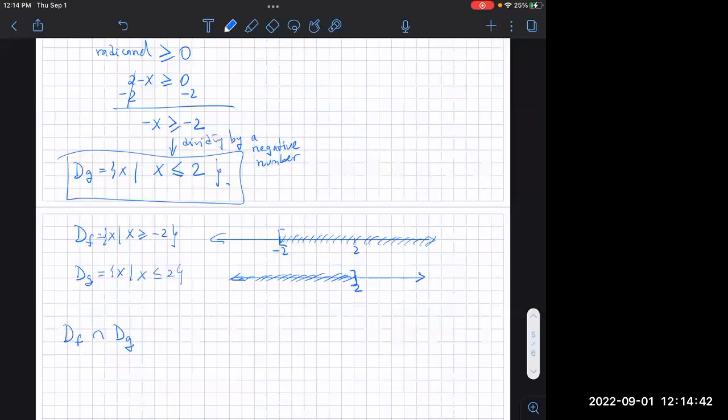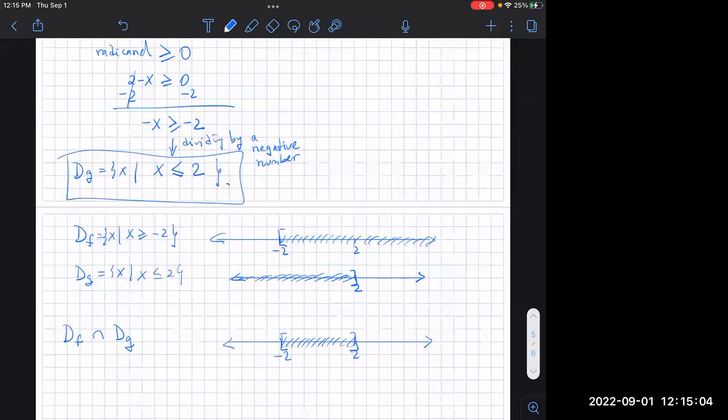Okay. What is the intersection? Between -2 and 2. Very good. So enclose there, and that is the intersection. The outside there is one set that is not shaded.